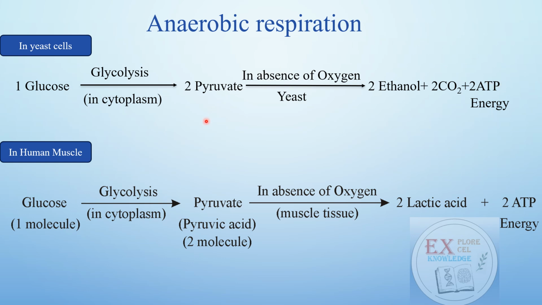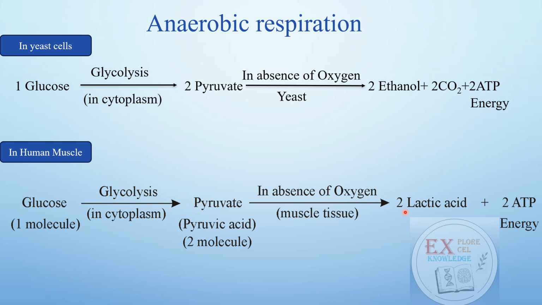Next, anaerobic respiration also takes place in human muscle cells during vigorous physical exercise. When oxygen gets used up faster in muscle cells than it is supplied by the blood, glucose is broken down into lactic acid in the absence of oxygen.